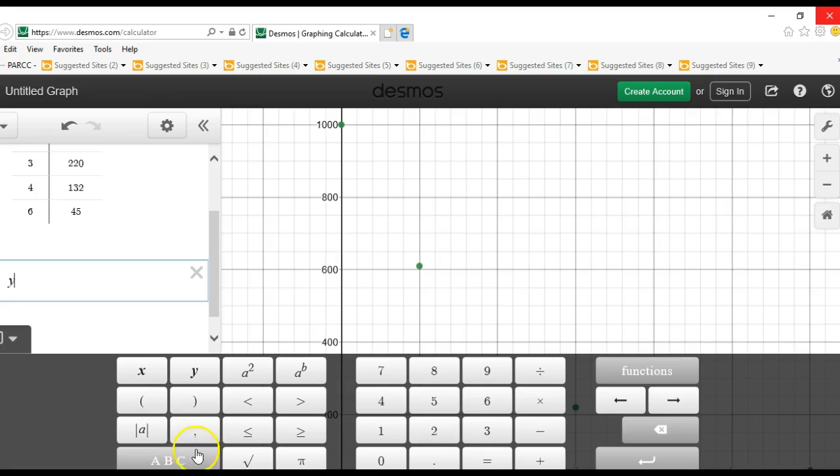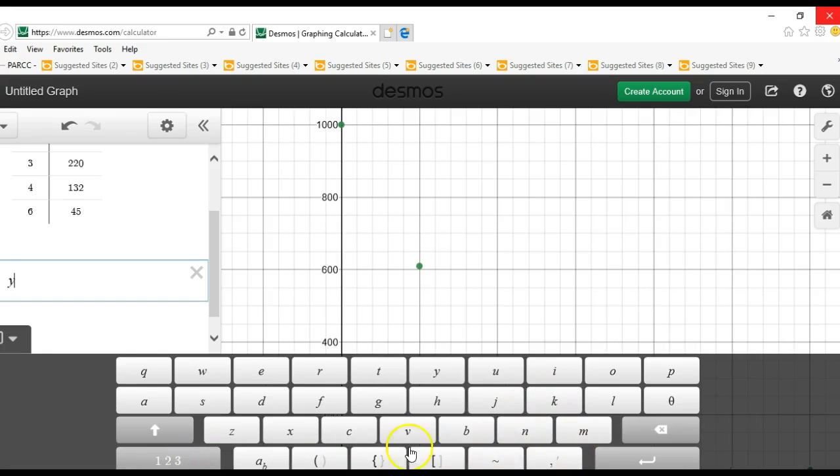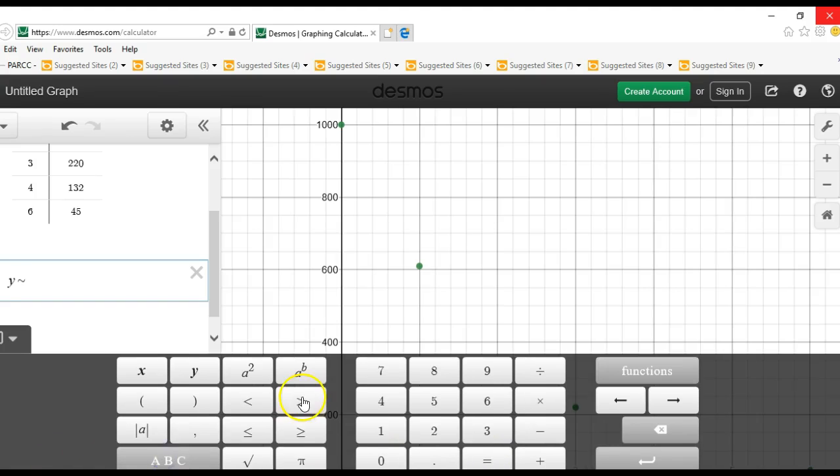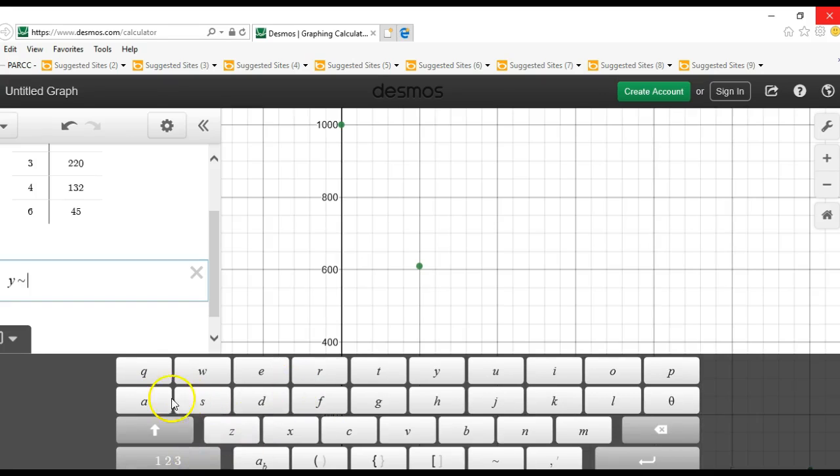It's not y equals, because it's just going to approximate this equation for me. And to get approximate, you can either use your keyboard, and it's the button right next to 1. You have to hit shift and that button. But in the Desmos keypad, it's under the ABC, and you see it's the little approximate.